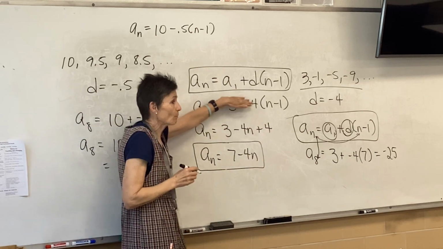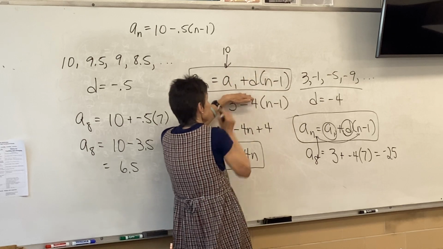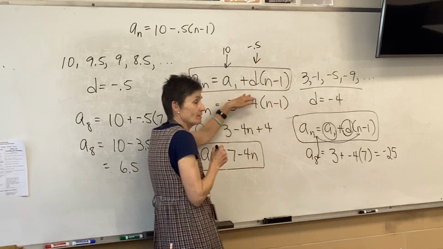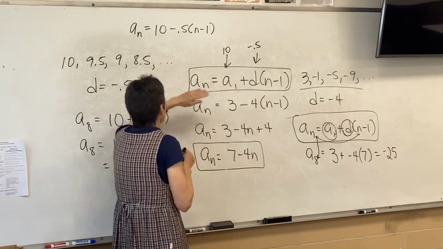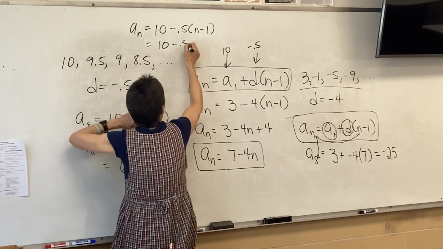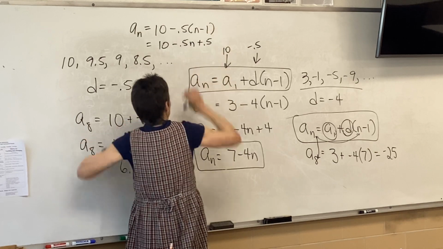So it's my arithmetic formula. I'm putting 10 in here, and I'm putting negative a half in here. So now I'll distribute. So that's 10 minus 0.5n plus 0.5. Remember, you're distributing the negative.